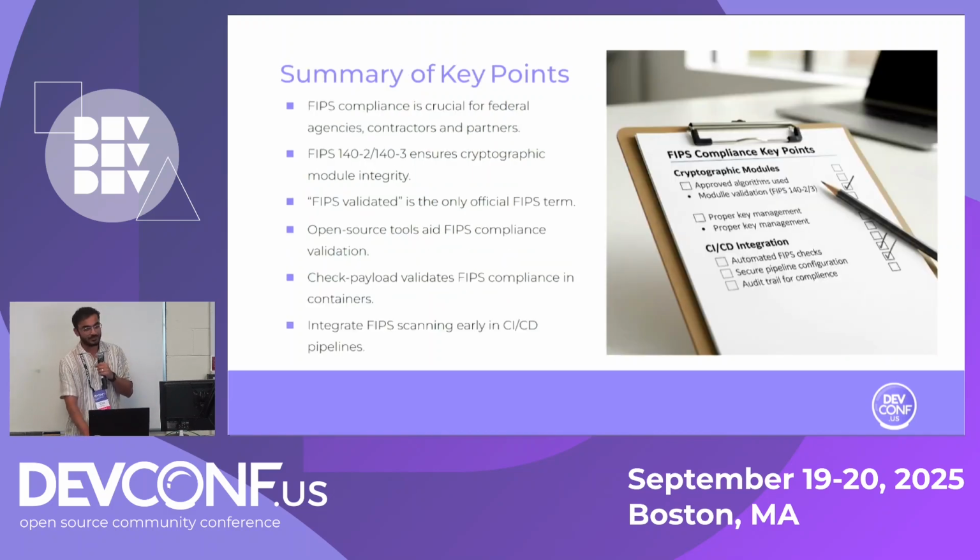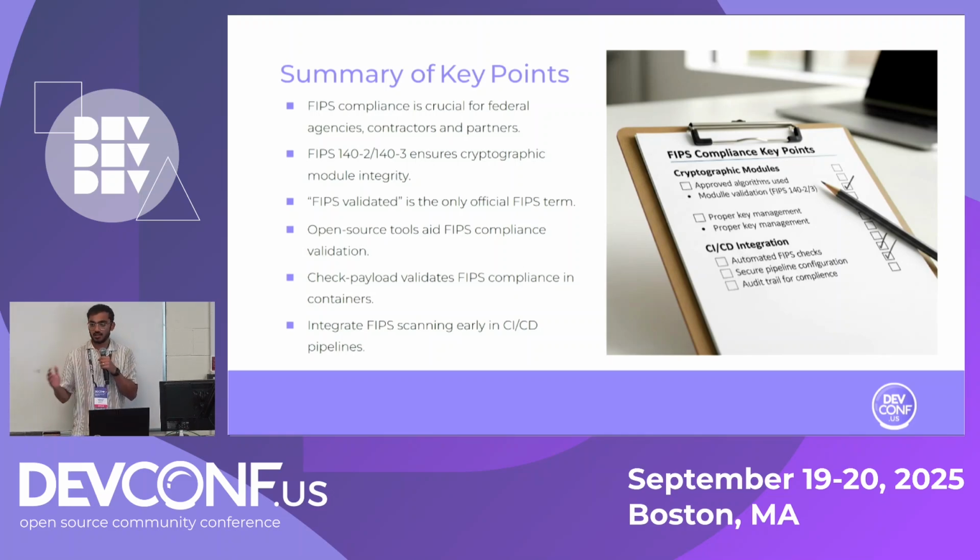But to summarize some of the key points from this presentation, I know we've thrown a lot of abbreviations at you, but FIPS compliance is crucial for federal agencies, contractors, partners, also in other industries like healthcare and finance, like Nate mentioned earlier. FIPS 140-3 supersedes FIPS 140-2, and it ensures your cryptographic module integrity. FIPS validated is the only official term in the industry.